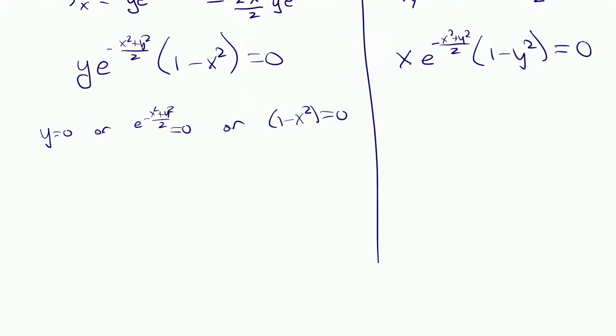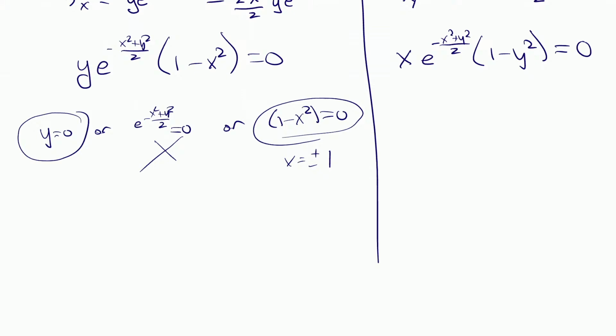This one is already y equals 0. This one, I hope you recognize, x is plus or minus 1. So far, so good? Yes. Now you have a couple of choices. Choice number 1, take each of these three and plug them individually into this.